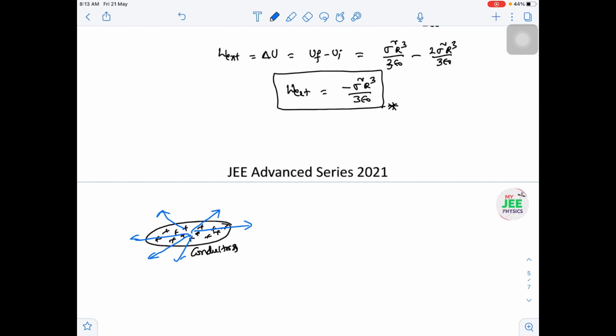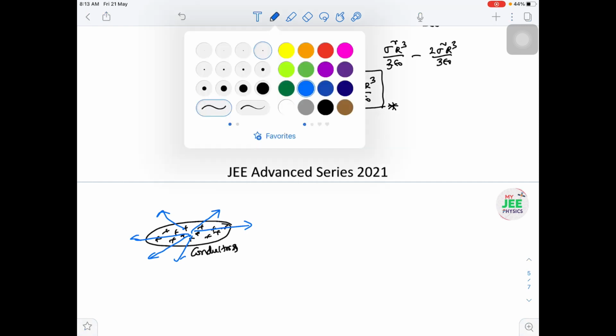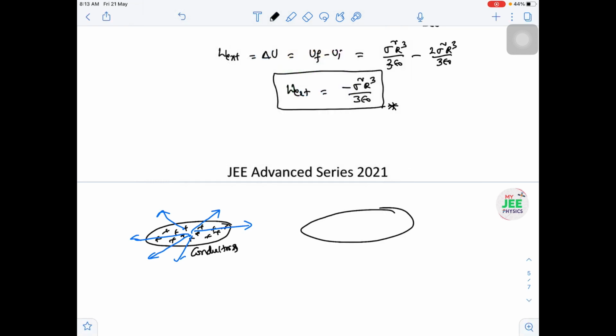So imagine the disk material is expandable. If you keep the positive charge, then automatically it tries to expand.